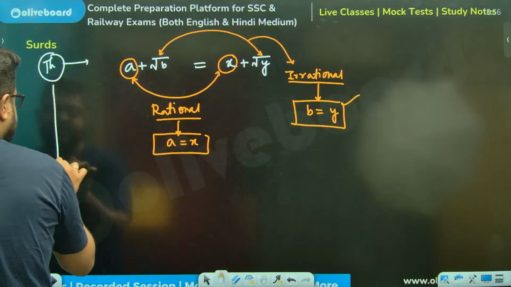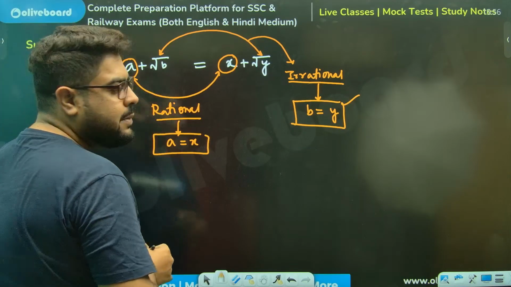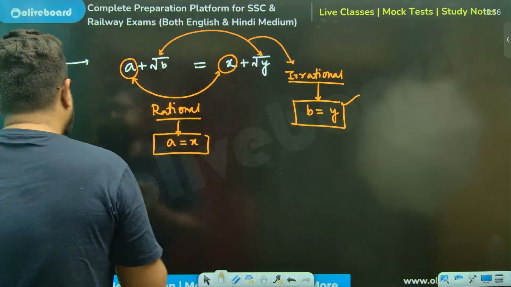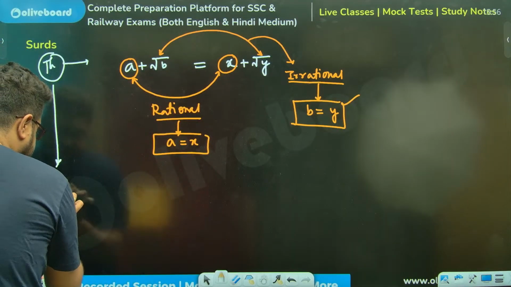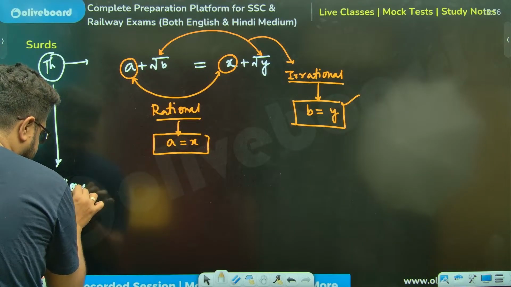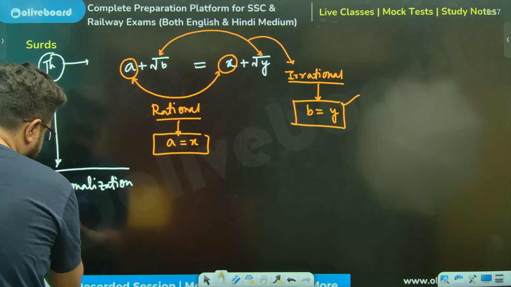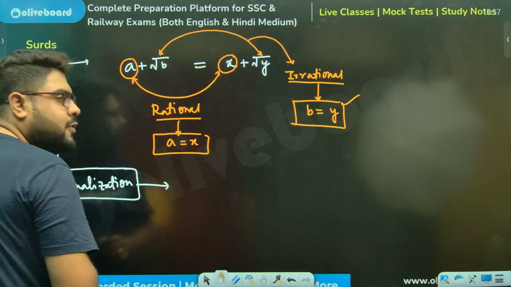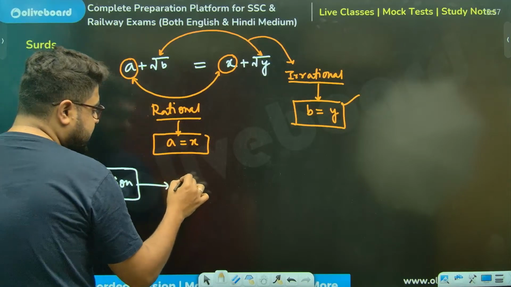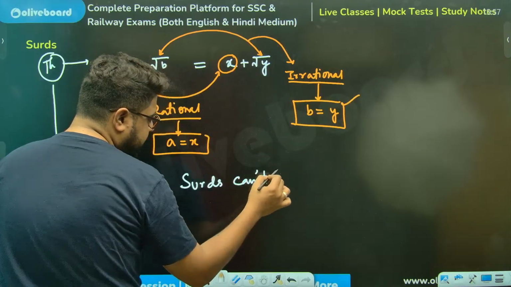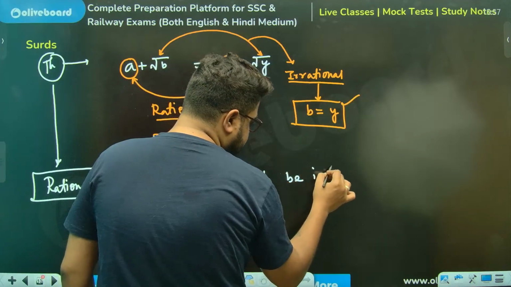Sir, let's move ahead a little. Now, this is the first theorem. Now, what is rationalization? Whenever I see surds, always remember, surds can't be in the denominator.